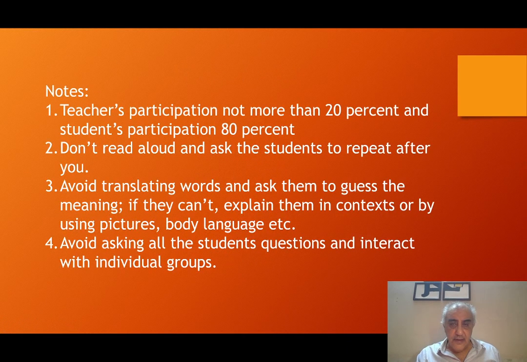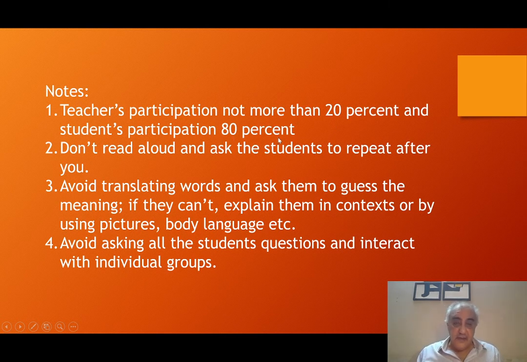Now, before I start talking about how to write the procedure of your lesson, I'd like you to remember these notes. I mentioned this yesterday, but just to remind you, it is written here for you. Teachers' participation not more than 20%, and student participation supposed to be 80%.